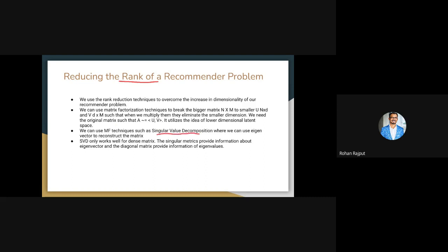SVD is a pretty good method, but it only works well when you have dense matrices. It does not work very well if you have highly sparse matrices or a higher singular value, because its eigenvalues and eigenvectors do not establish the relationship accurately.